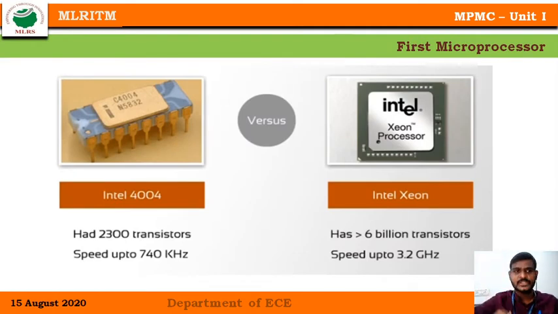The Intel 4004 ran at 740 kilohertz, whereas the latest processor, if I consider the Intel Xeon, consists of more than 6 billion transistors and runs at up to 3.2 gigahertz, and the latest processors may have even more than that speed.